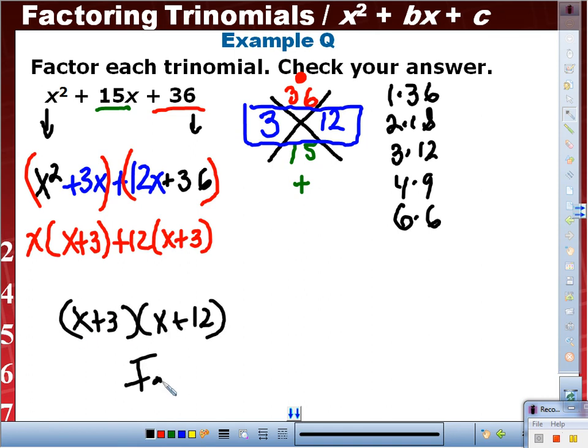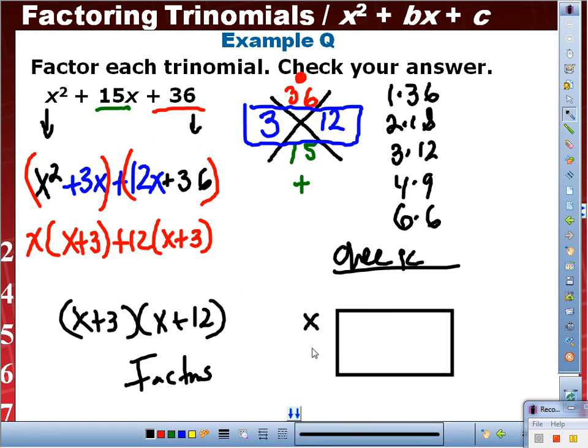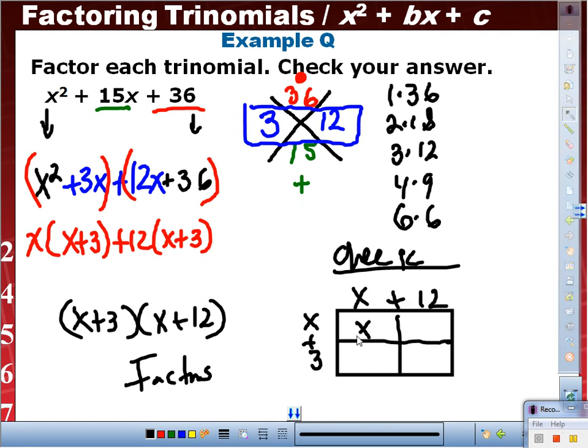These are my factors. However, it says check. How do we check? Well, guess what? Using the area model. X plus 3 times x plus 12. Let's see. What is x times x? X squared. What is x times 12? 12x. What is 3 times x? 3x.